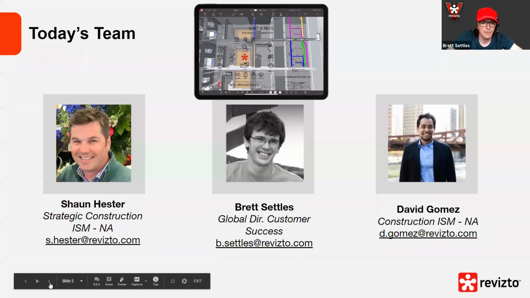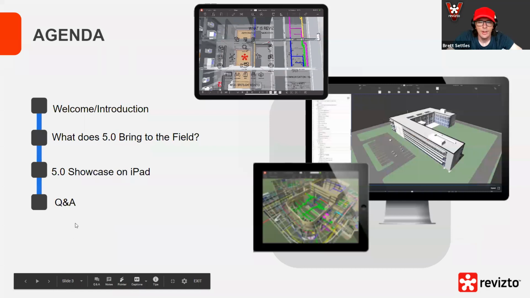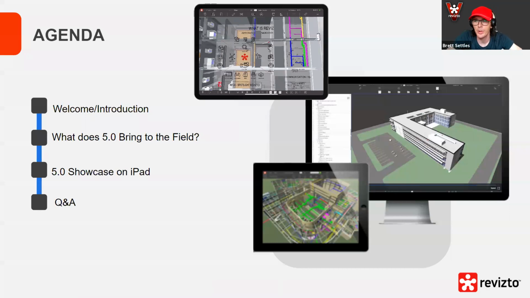So let's talk about what we're going to be looking at today. Simply, we are going to be looking at what 5.0 brings to the field above and beyond what Revizto brings to the field now in Revizto 4. So we're going to be focusing a lot on object data, the ability to search, and the use of this new way that we're bringing data into the platform.